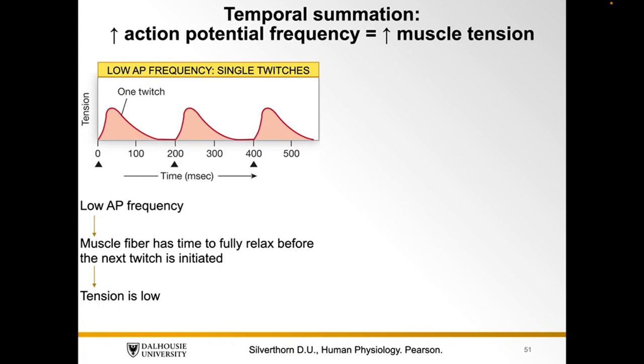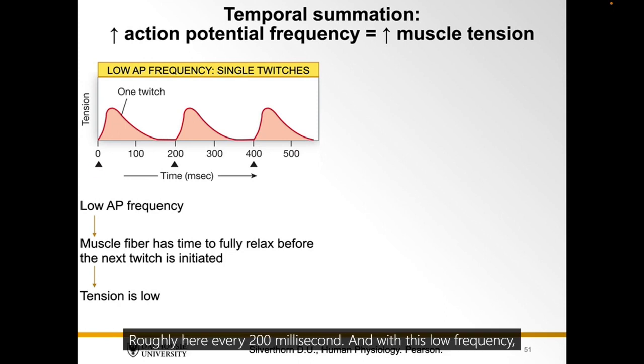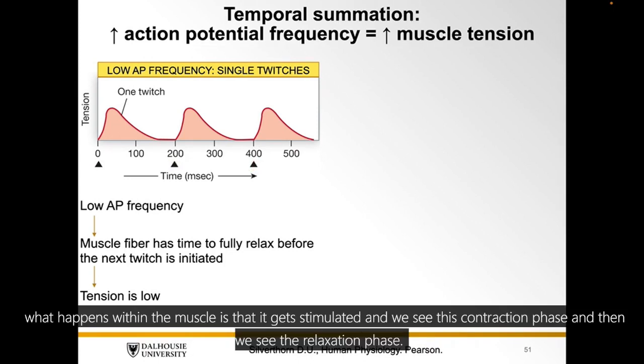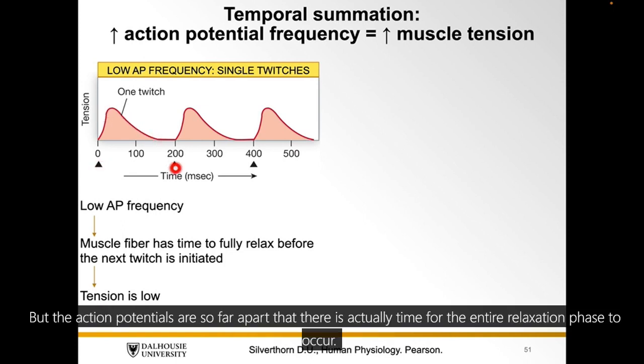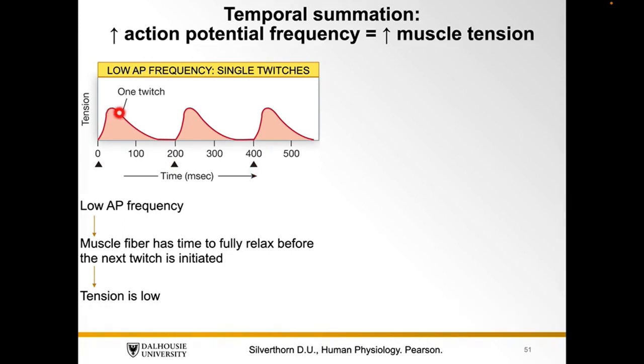Our first situation here shows a low action potential frequency, roughly one every 200 milliseconds. With this low frequency, the muscle gets stimulated, and we see this contraction phase, and then we see the relaxation phase. But the action potentials are so far apart that there's time for the entire relaxation phase to occur.